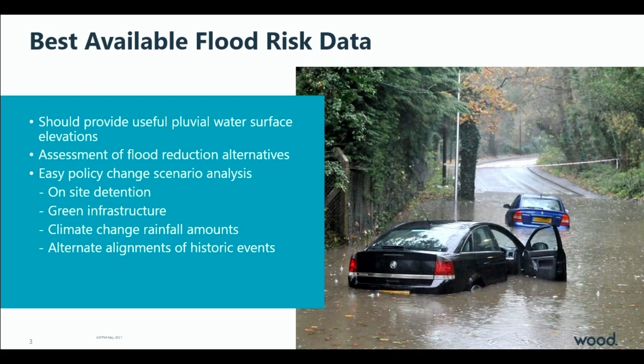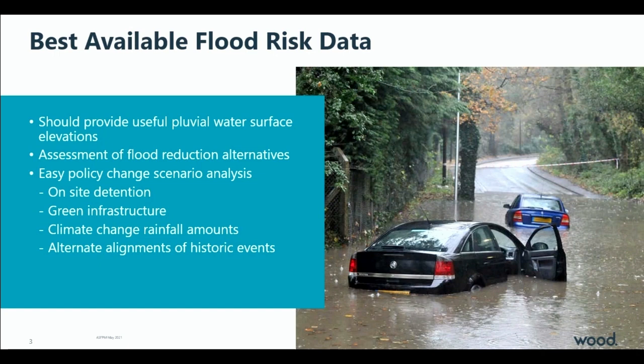I'm sure within many communities, you've had areas that flooded that aren't in the special flood hazard area and had those difficult conversations with folks about why they flooded if they weren't in the special flood hazard area. You could also use this data to assess flood reduction alternatives easily. You could use this to do policy scenario changes, on-site detention, green infrastructure, climate change and rainfall amounts.